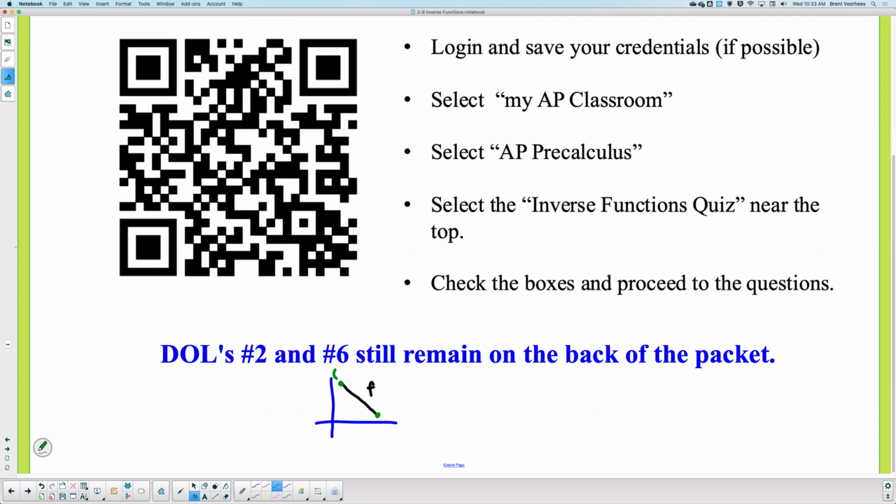This might be 1, comma 8, and let's call this one 7, comma 1. What would that mean is true for the inverse function? And just think about it. Plot the points, plot the inverses, I should say, and go from there. Okay, that'll help you solve number 6.